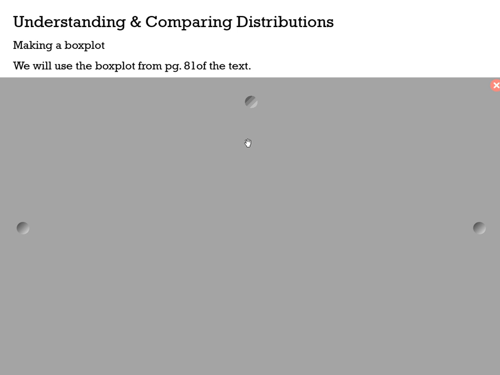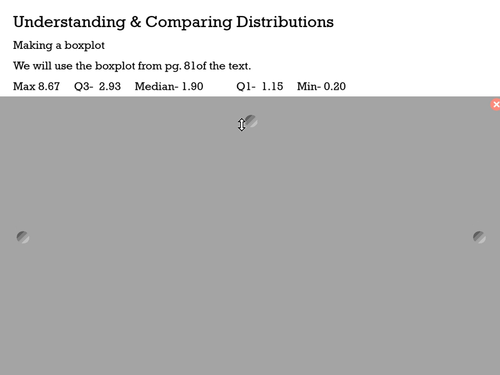Anyway, doesn't matter where. So we've got the 5-number summary, and there it is. The highest average is 8.6. Quartile 3 is 2.93. The median is 1.9, and so on and so forth. And we have it all given to us, like I said, which is often the case.